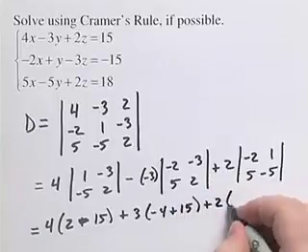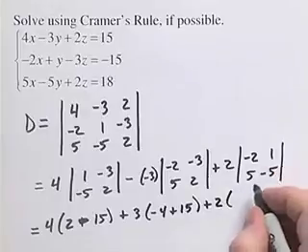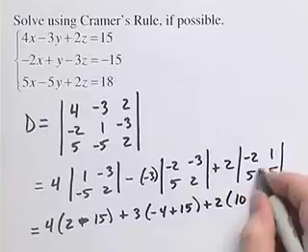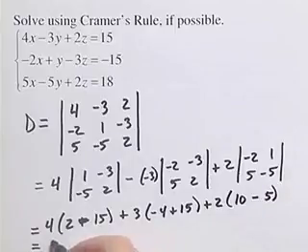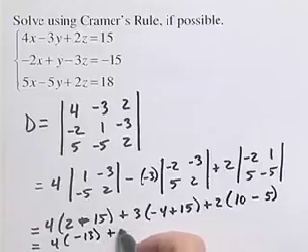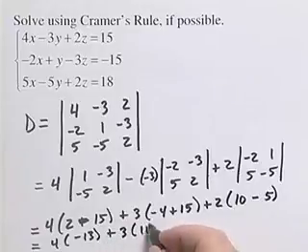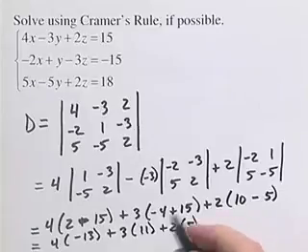Plus 2, negative 2 times negative 5 is 10, minus 5 times 1, which is 5. So we'll have 4 times negative 13, plus 3 times 11, plus 2 times 5.